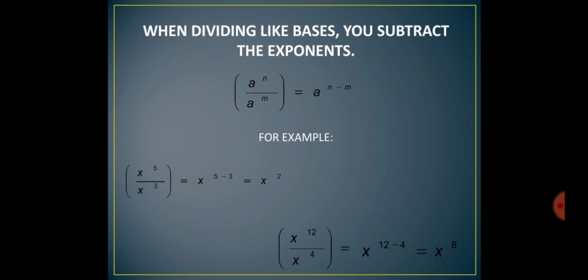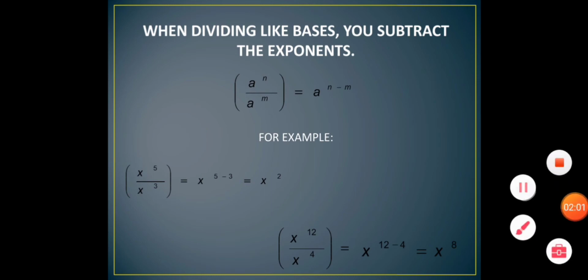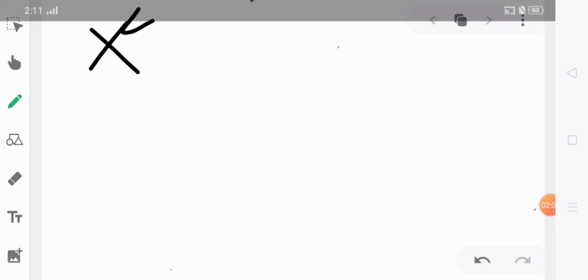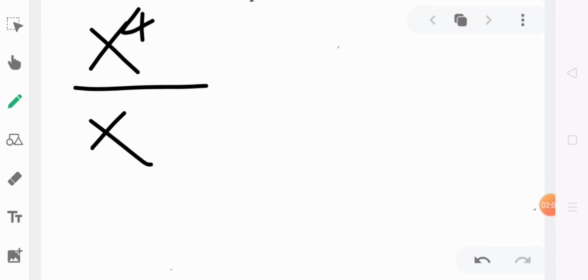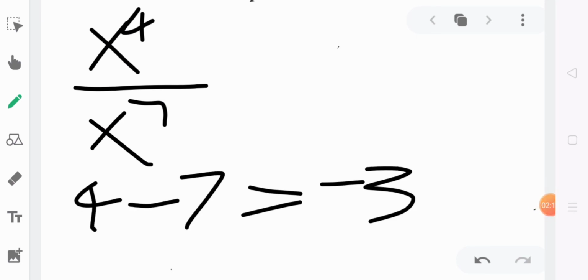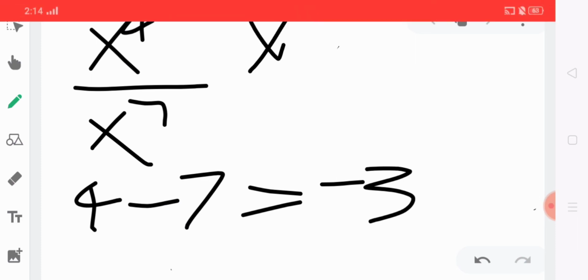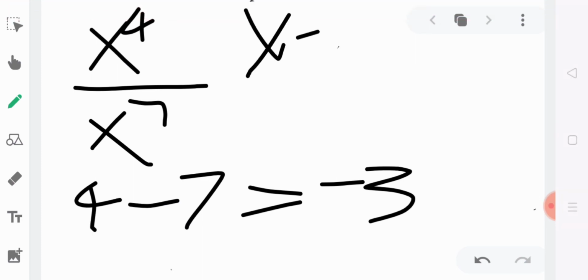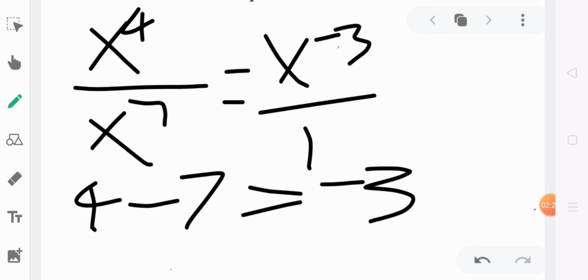So when the problem goes like this, x^4 over x^7, 4 minus 7 equals negative 3. So the answer is x^(-3) over 1.